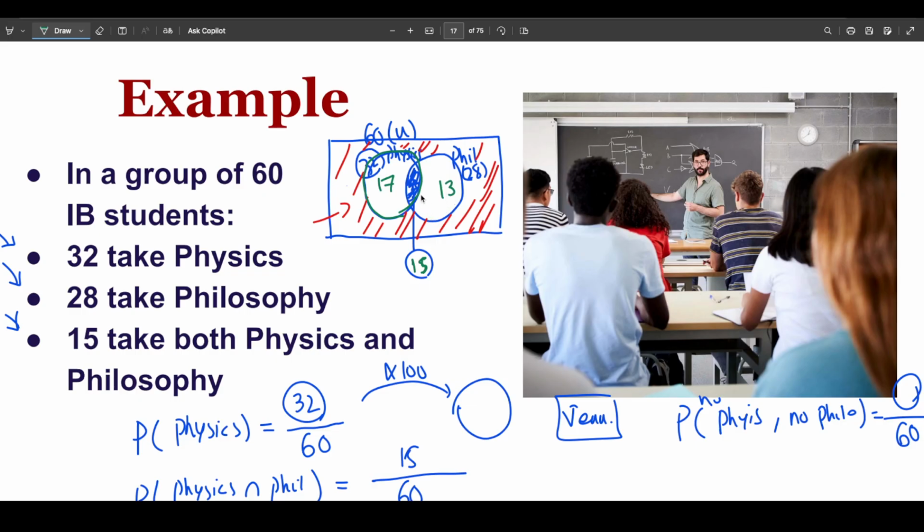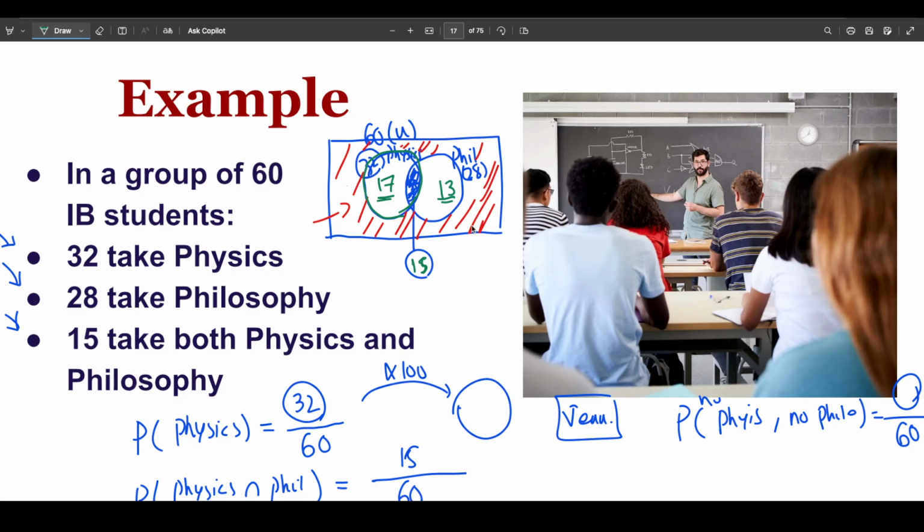So let's explain one more time. 17 have only physics. 13 have only philosophy. 15 have both. The total number of students who have physics is 32, because 17 plus 15 gives you 32. 13 plus 15 gives you 28, the total number of philosophy.